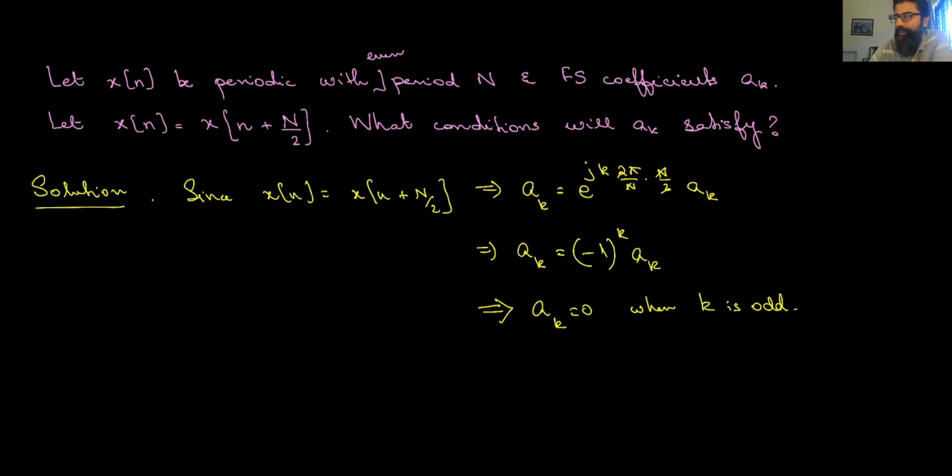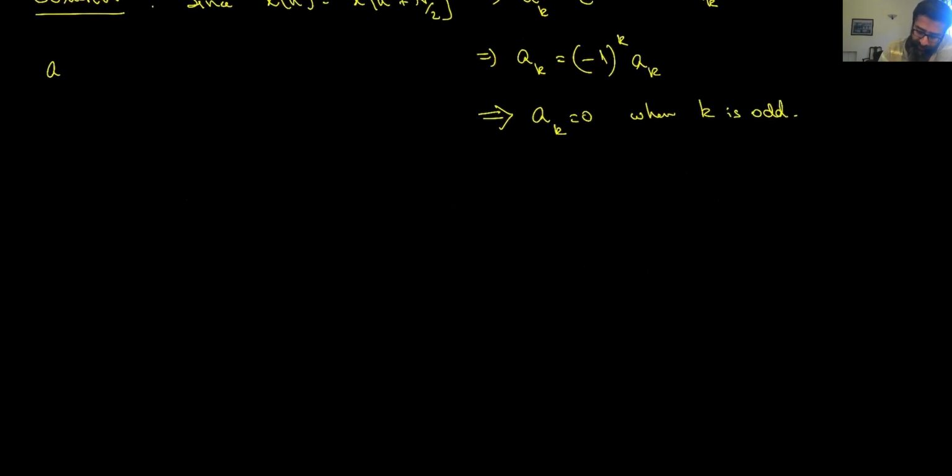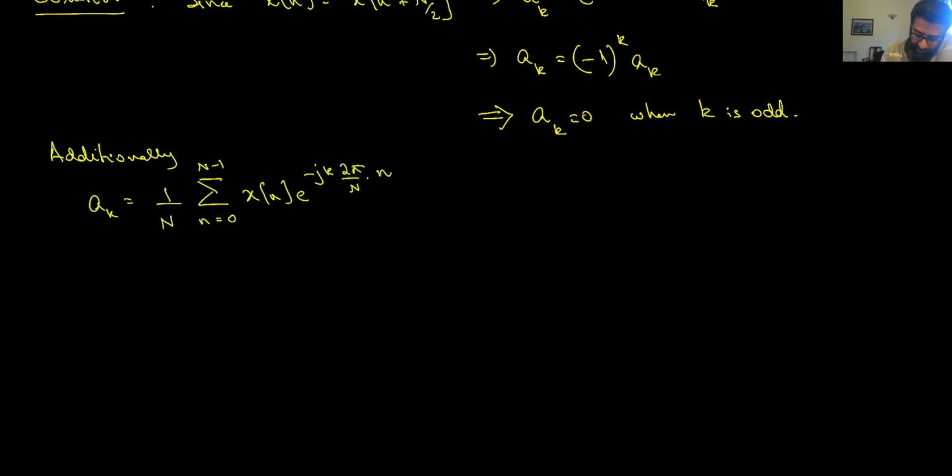इसलिए I'd like to go a little bit deeper. So additionally, a sub k equals 1 upon N summation n equals 0 to N minus 1 x of n e raised to power minus j k 2 pi by capital N times n.